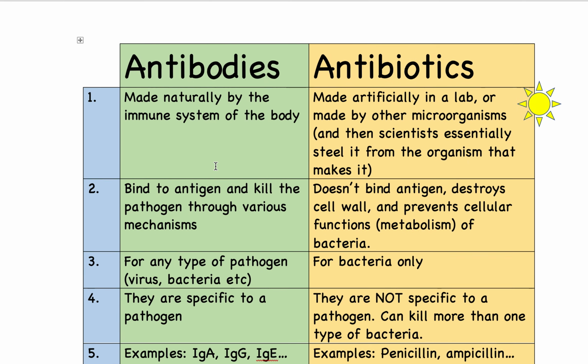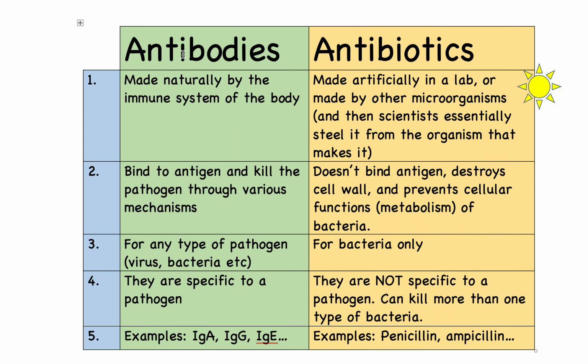Now, here I have a nice summary. Here I compare: for example, in antibodies, I will write a specific thing and contrast it or compare it to how it works in antibiotics. Okay, so hopefully this summary is useful for you. Now, for the last section of this video, I'm going to be talking about how they discovered the first antibiotic, what the first antibiotic is, and what I meant by other microorganisms synthesize them.